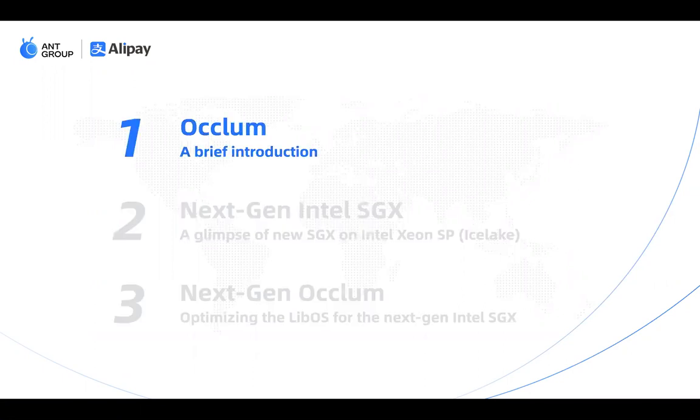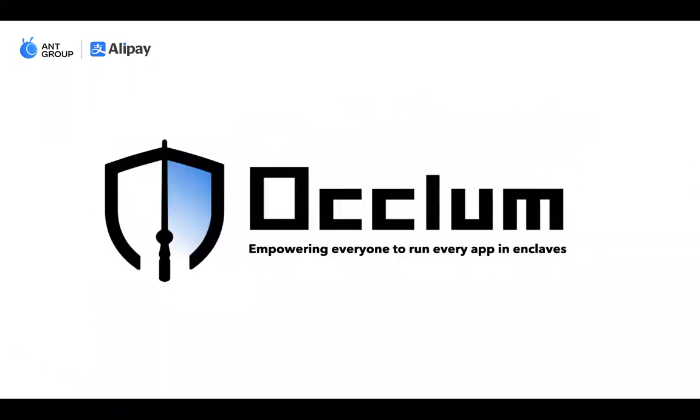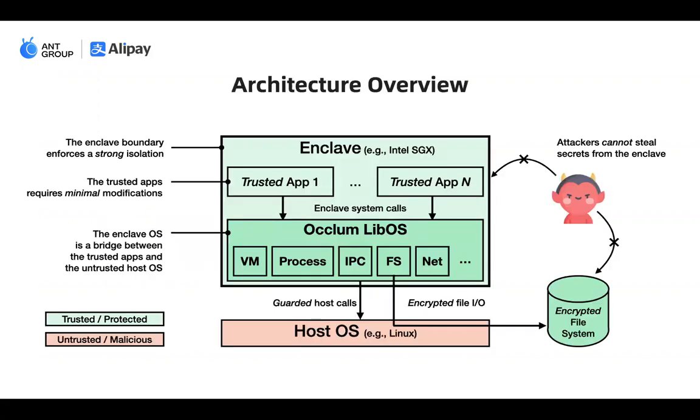So let's start. What is Occlum? The goal of this project is to empower everyone to run every app inside enclaves. This is a very simple goal, and this is the architecture of the project. Occlum is a LibreOS for SGX enclaves.